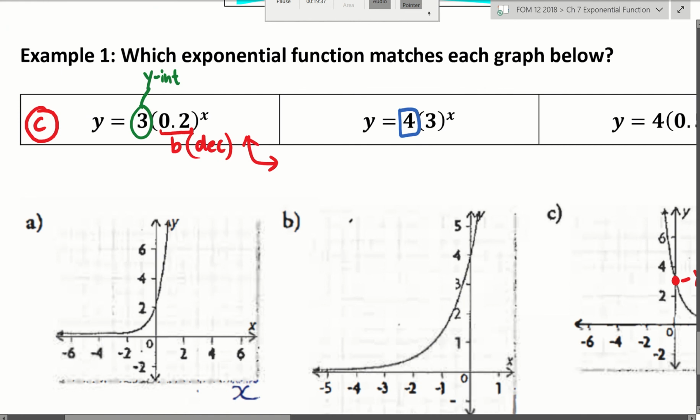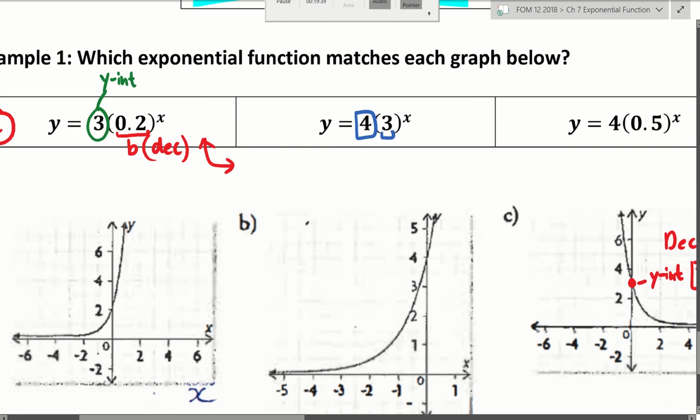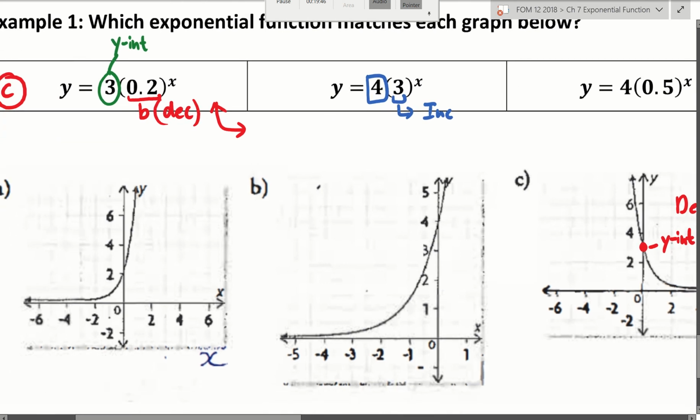Next one, look at that. Y-intercept at 4, and the base is 3, which is bigger than 1, so it's increasing. And 4, I think, hey, that's the one right below it. It's increasing and the y-intercept is at 4, so that's perfect. Match. So B.